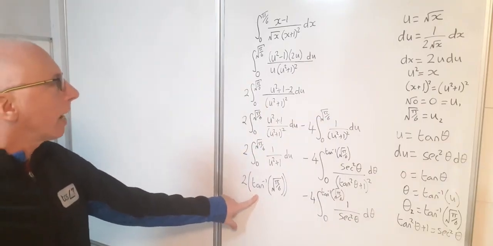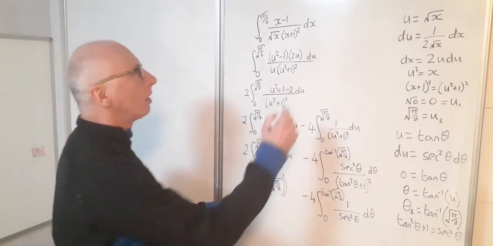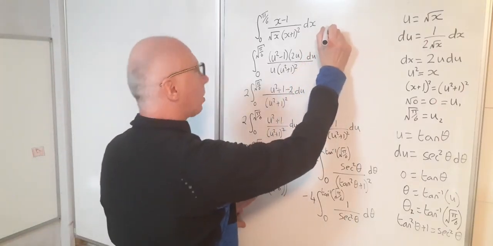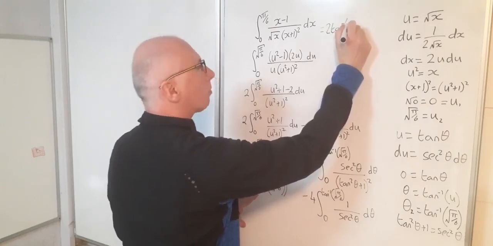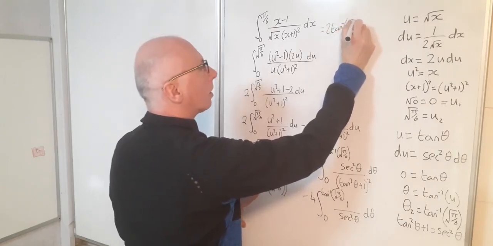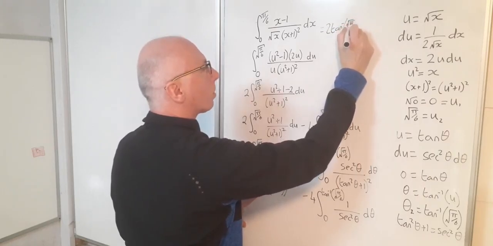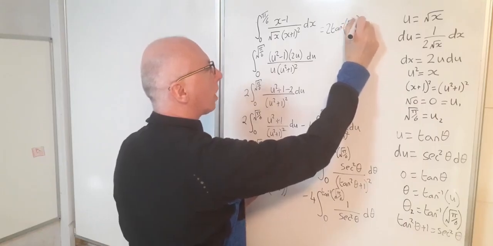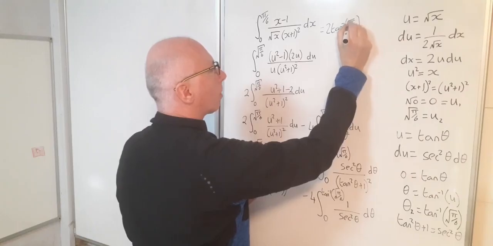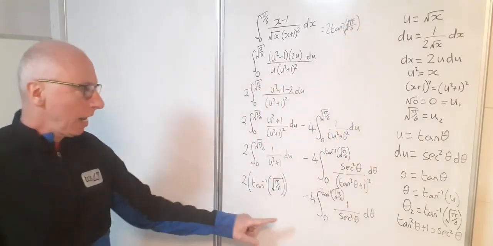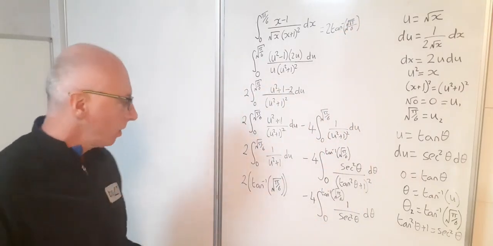So I'm going to write that up here. So that equals 2 inverse tangent square root of pi all over 6. Let's just do that one big square root of pi over 6. Let's try and make that a bit neater. And then what I'm going to do is clear the board, and then we're going to deal with this. Okay, so let's do that.